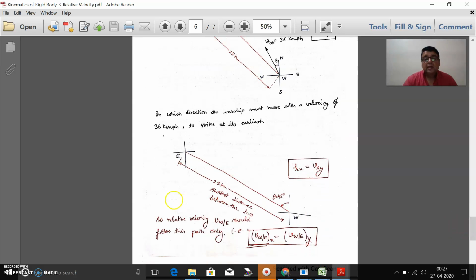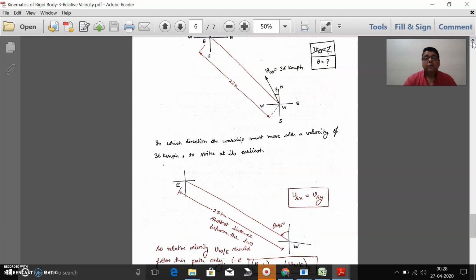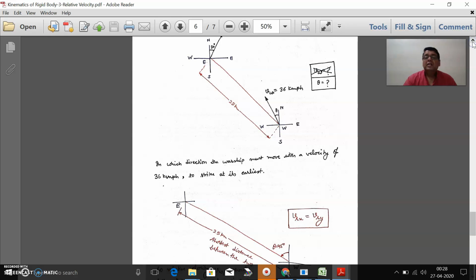So that means this path is the shortest distance between the two, and the relative velocity of warship with respect to enemy ship should follow this path only. If this is the path it should follow, then what does this mean? That means this angle theta is equal to 45 degree.